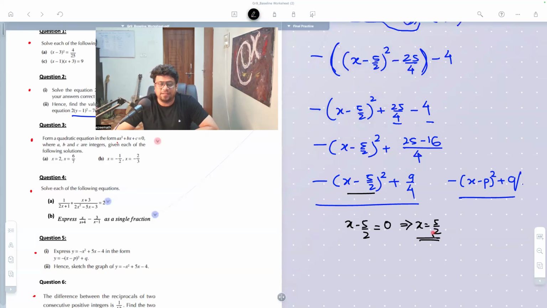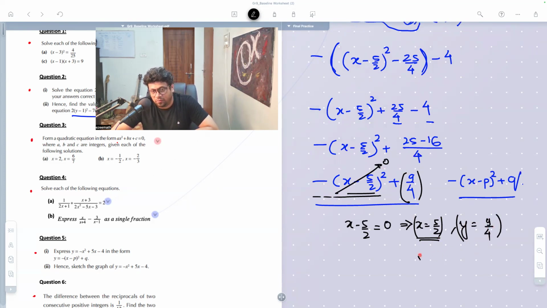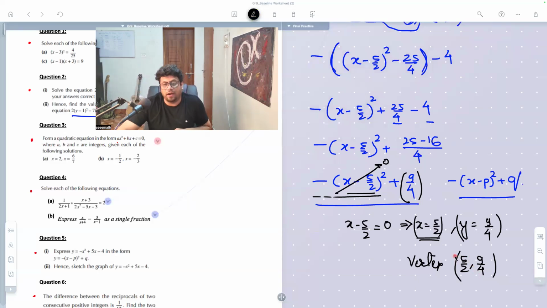Well, that is the x coordinate of the vertex. And also, if this thing is 0, what remains is the y coordinate of the vertex. Well, the vertex is going to be (5 by 2, 9 by 4) for this particular quadratic.